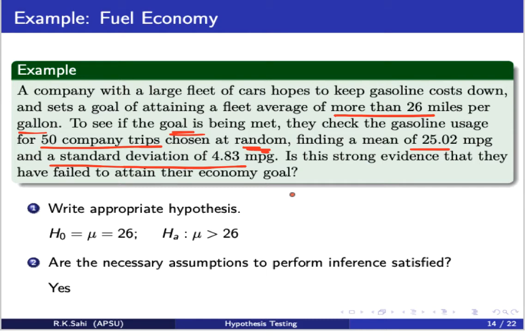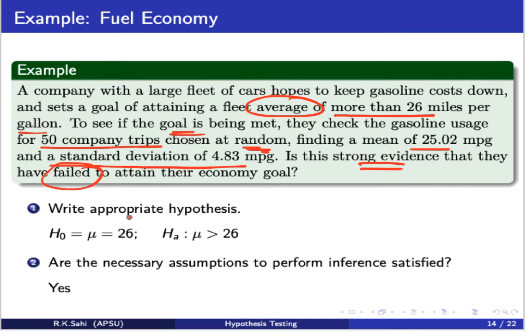Okay, now remember, when we ask is there strong evidence, that means we're doing hypothesis testing. They have failed, so that means we are checking the alternative hypothesis, and it's of the means because we're looking at average. You see the word average? That means we are applying the population mean.